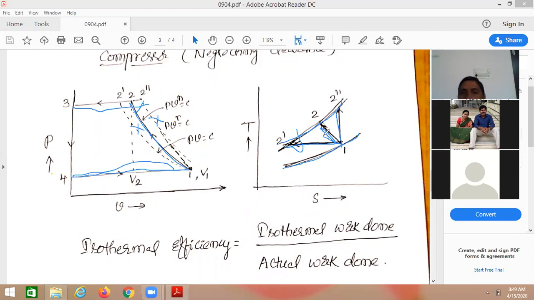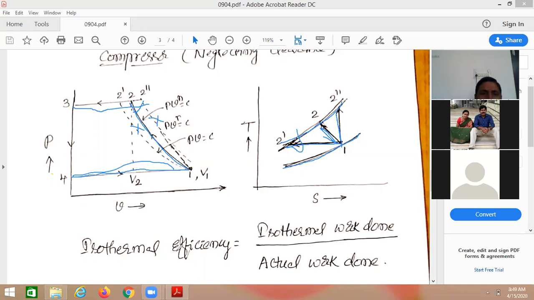Realistically, the compressor always follows a polytropic process. Running the compressor at very slow speed or at very high speed is not practically possible. Running continuously at a constant speed is practically possible when the polytropic process is followed. So that is what we have seen.